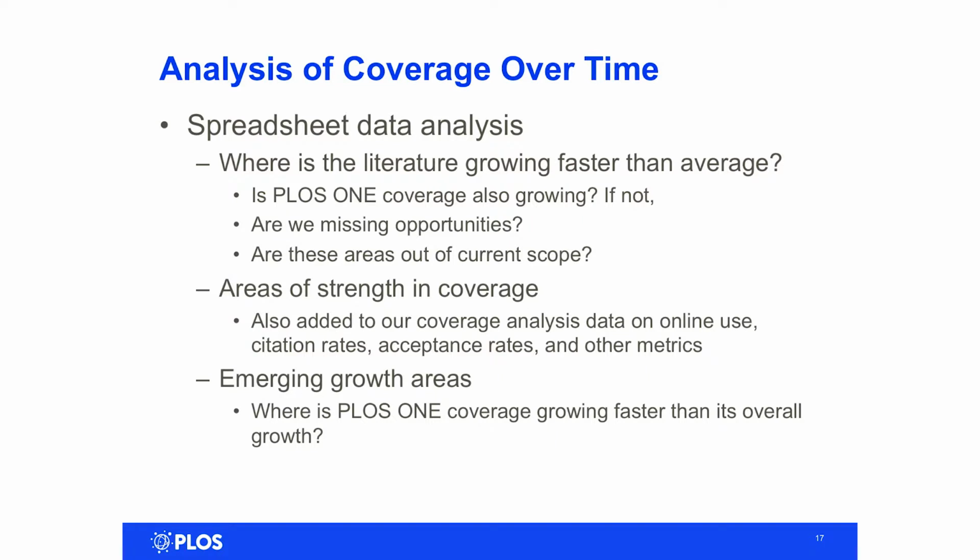Some of the questions we were looking at, looking at the big picture, are about the Scopus data, which was also indexed with the PLOS taxonomy. How is that changing? What does that look like? And then how does PLOS ONE compare to that? Obviously, because Scopus is all-encompassing, there are whole areas where we just aren't there.